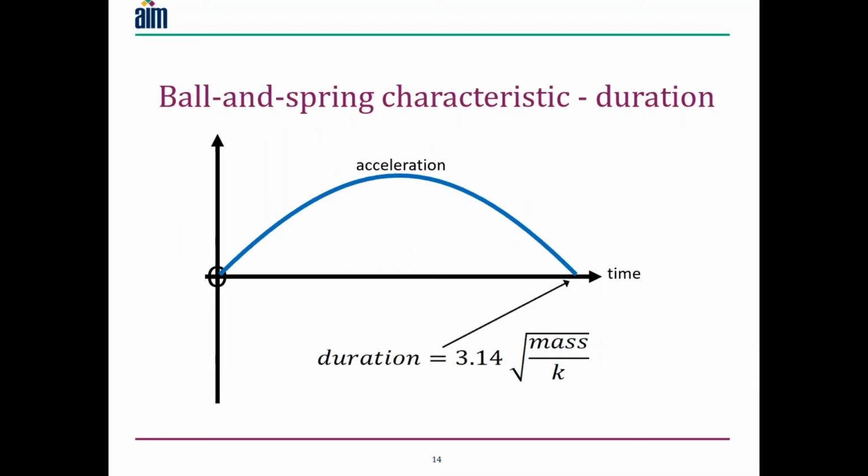The big insight is that the duration of the acceleration has nothing to do with the velocity, the incoming velocity, or the drop height of the box. It only has to do with the relationship between the mass and the stiffness of the spring.